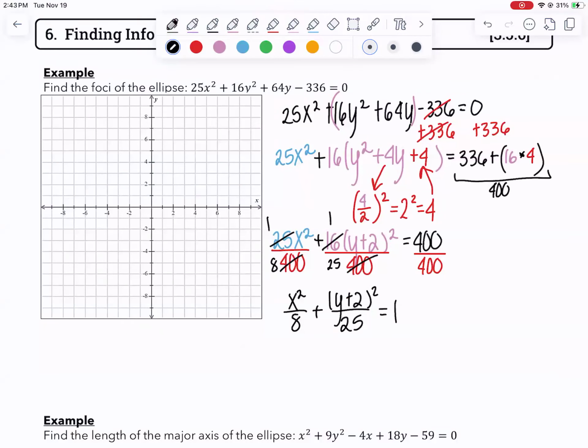All right, the idea is to find the foci of the ellipse. So we have options here. We have opportunities to do things here. We first need to know where the center is because you can't find the foci without the center. The h is going to be 0. The k is going to be -2. So the center is at 0, -2.